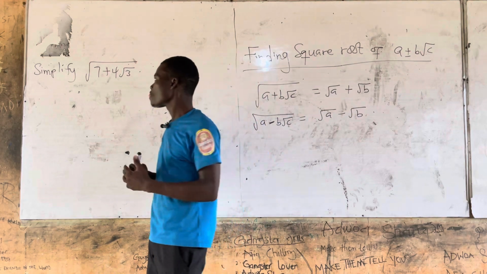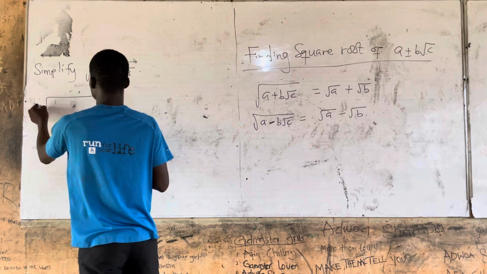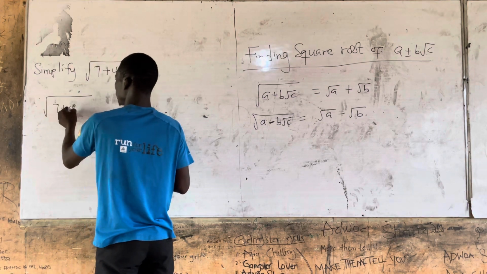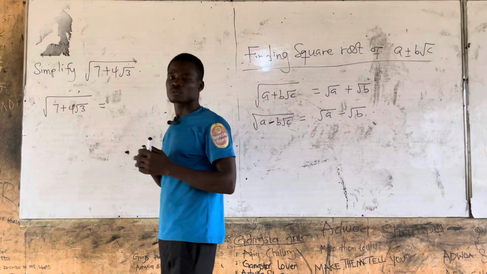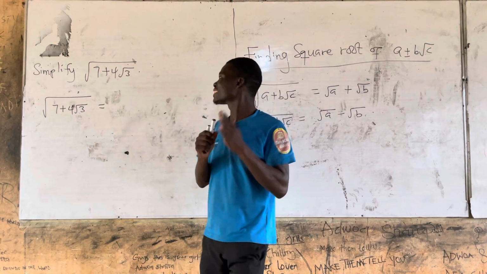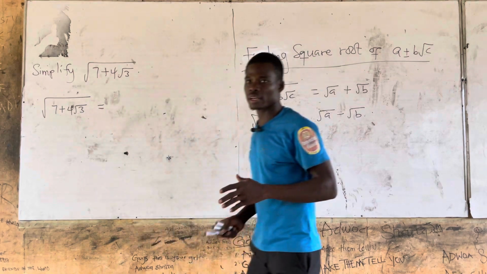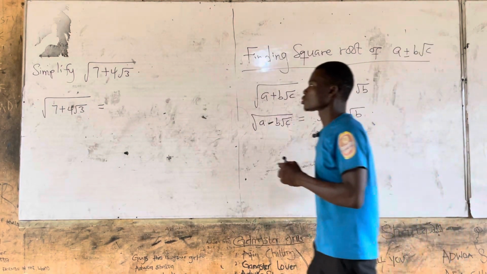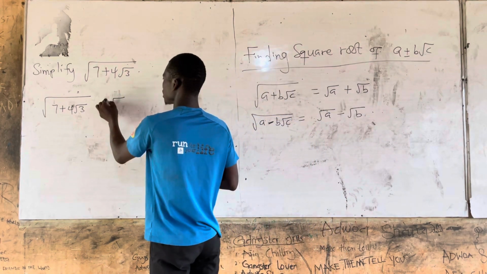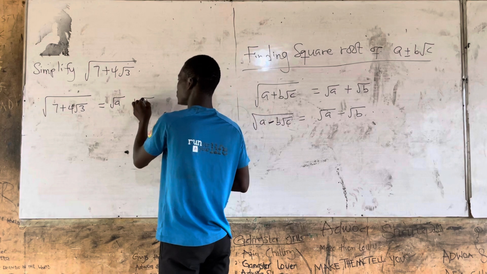So on this note, we have to take our time and write the root of 7 plus 4 root 3, which is equal to the identity. So see, the operation sign here is positive. So its identity will be root of a plus root what? B. So we have root a plus root b.